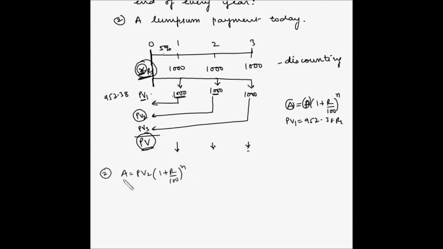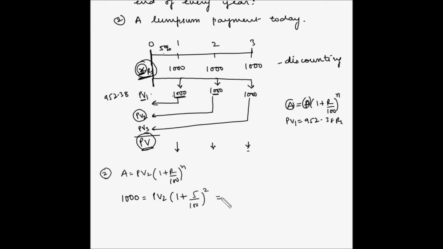So A is 1000, PV2 is to be found out, into 1 plus R, R is 5% per year, divided by 100. N in this case is 2 years because we are getting this 1000 rupees at the end of second year.